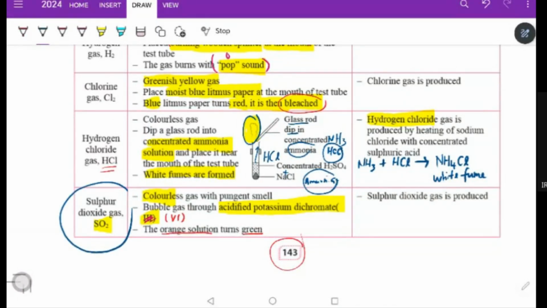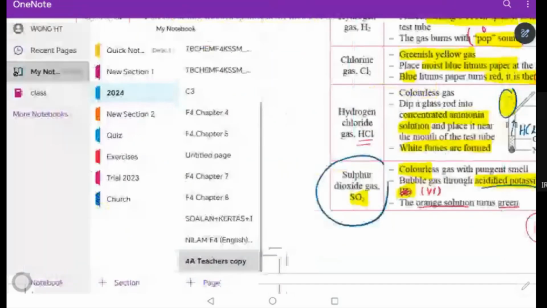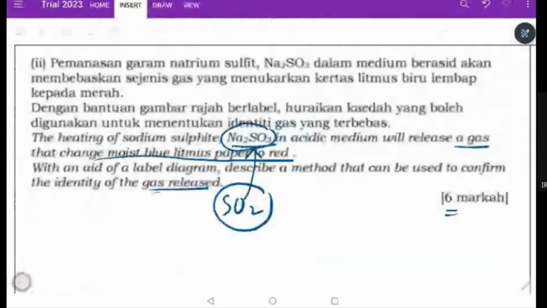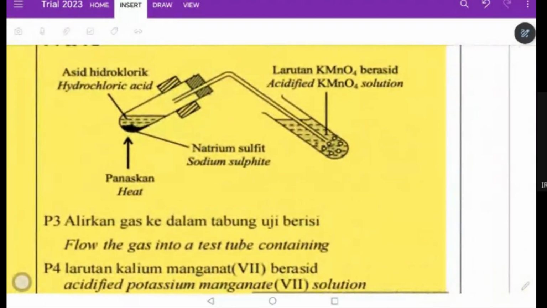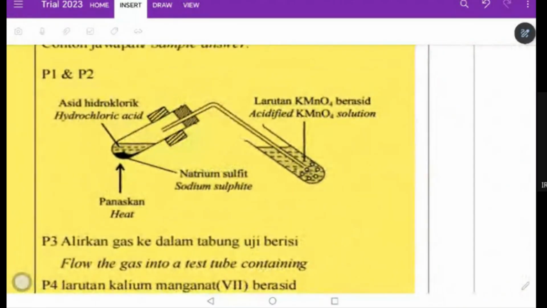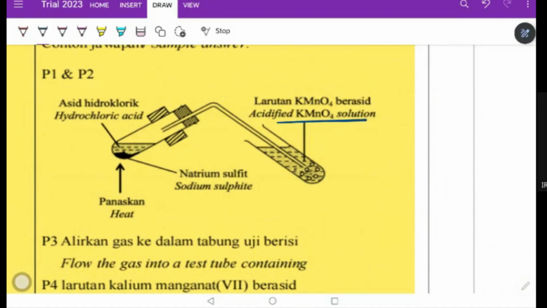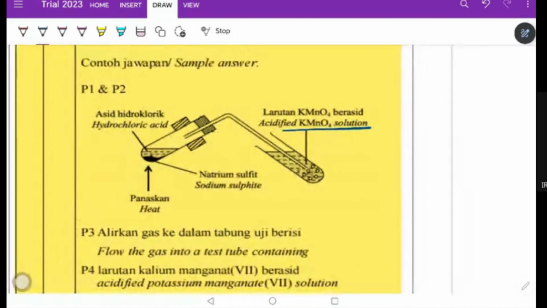Bubble the gas through acidified potassium dichromate(VI). Then the orange solution turns to green. So now I show it to you. Like this. Manganate also can. Acidified potassium manganate(VII) or dichromate(VI) also can.